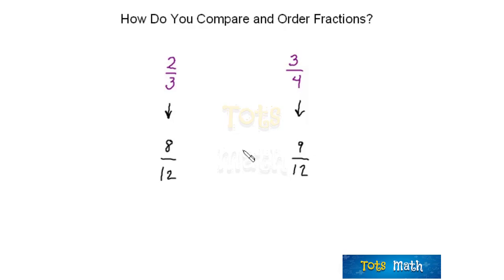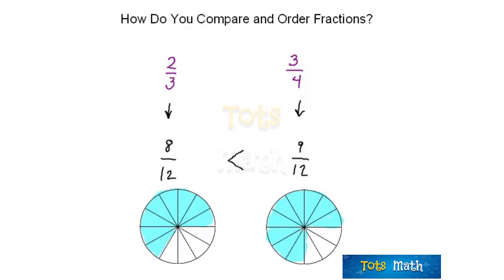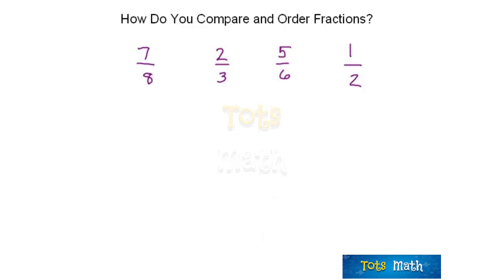So that means 8/12 is less than 9/12. And sure enough, we can see from the picture that 8/12 is less than 9/12. And if 8/12 is less than 9/12, that means that 2/3 must be less than 3/4, since 2/3 is the same as 8/12 and 3/4 is the same as 9/12.